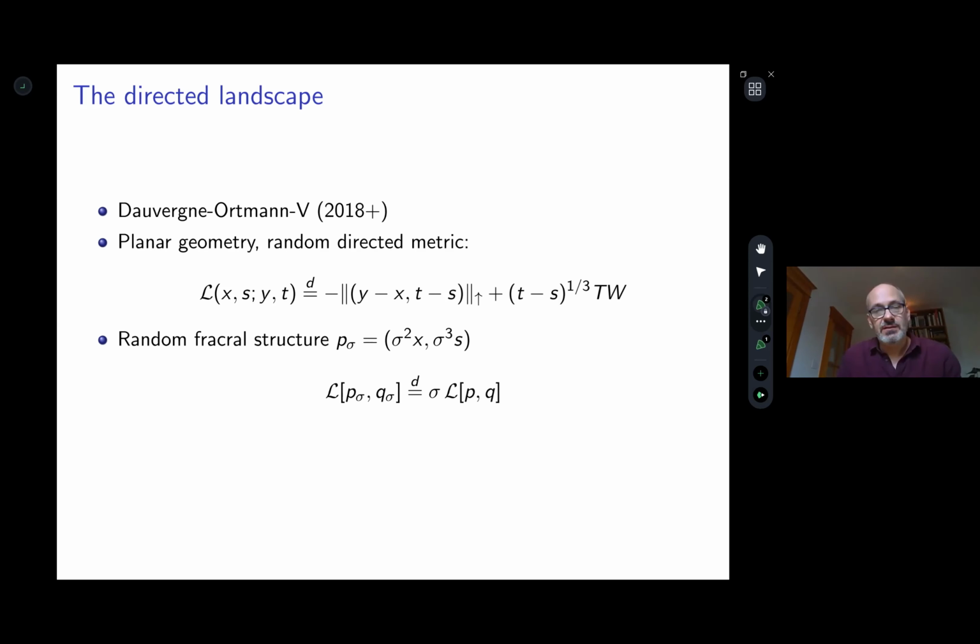So if you take a point and you define its sigma rescaling by rescaling space by sigma squared and time by sigma cubed, then if you look at the directed landscape at these rescaled points p sigma and q sigma, you just get sigma times the original landscape in distribution. This is in distribution as a random function from R^4 to the reals plus minus infinity.